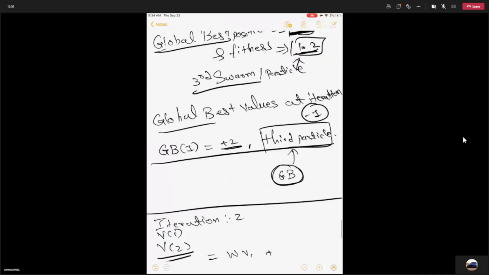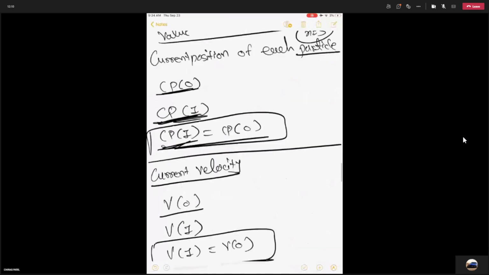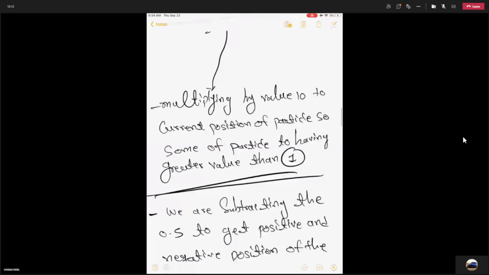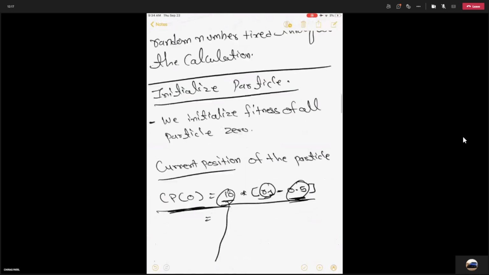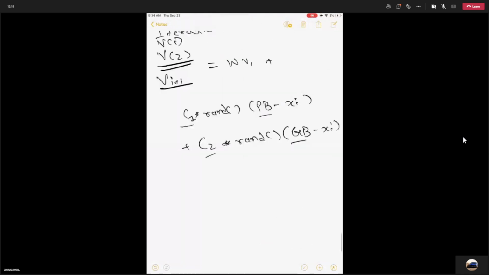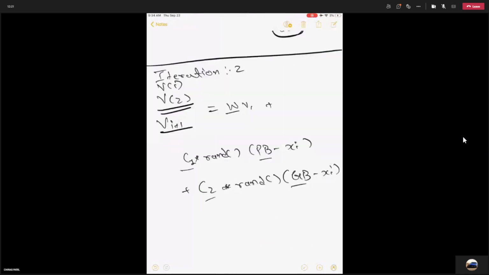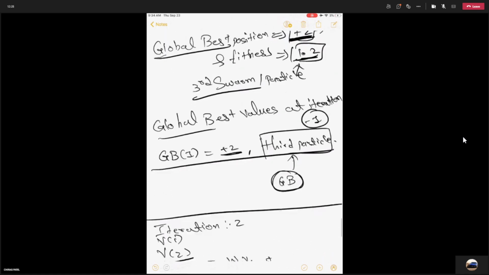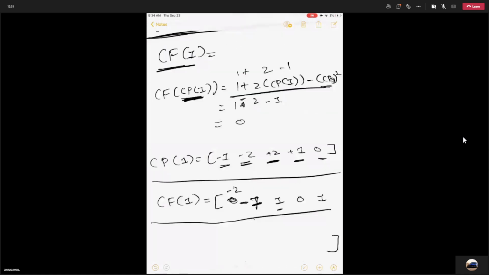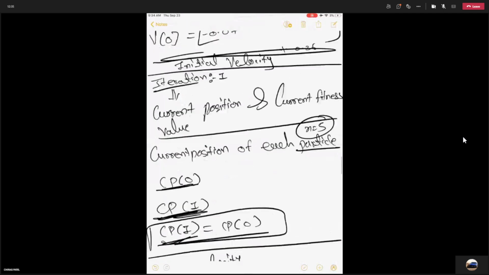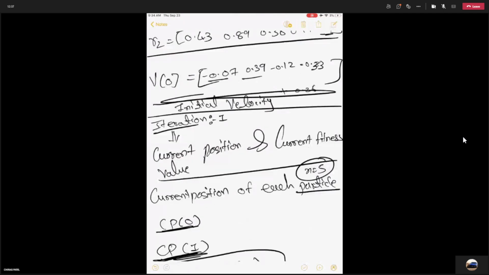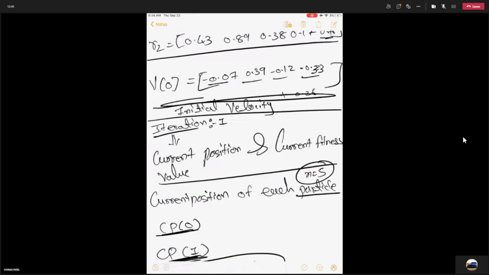What do you mean by W? It is 0.7, 0.2, 0.6. What is V1? We are taking V1 as V0. These are the 1, 2, 3, 4, and 5 values.